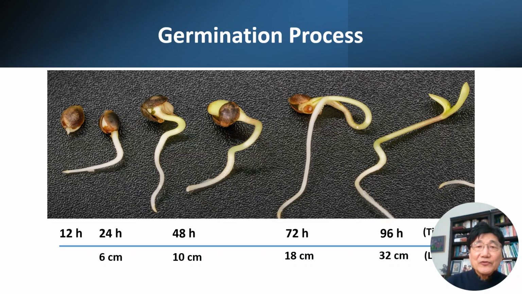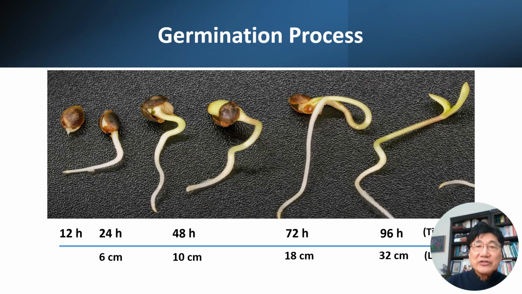During 12 to 24 hours, the cannabis embryo absorbs water until the radicle breaks through the seed coat. In 24 to 48 hours, the radicle develops. The primary root grows very rapidly under normal conditions.